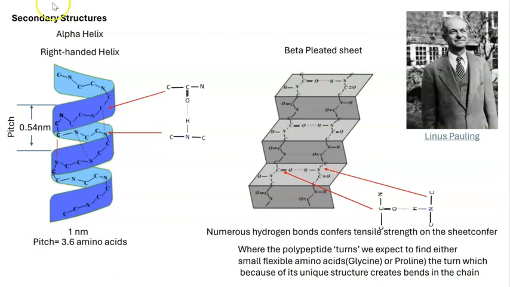The determination of the secondary structures of proteins was attributable to the great Linus Pauling, thought of as the father of biochemistry in the 20th century.